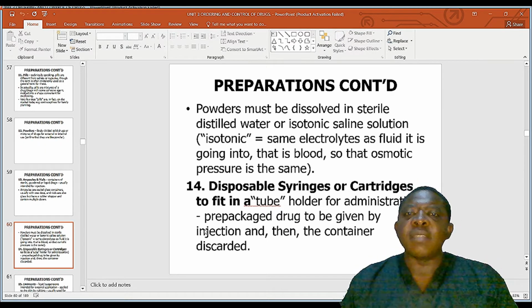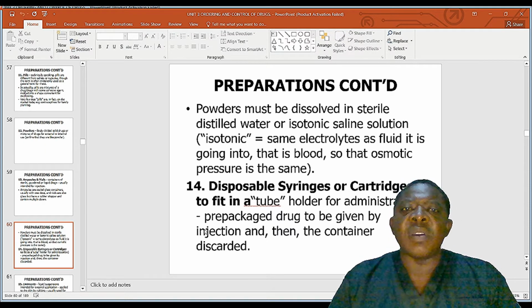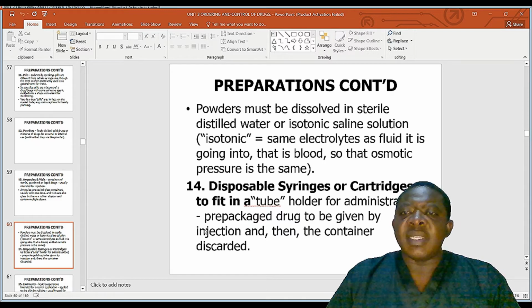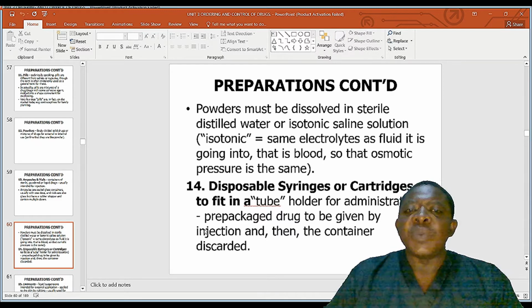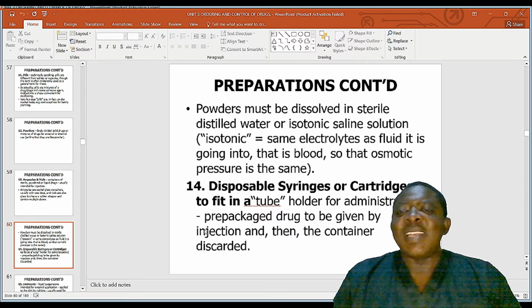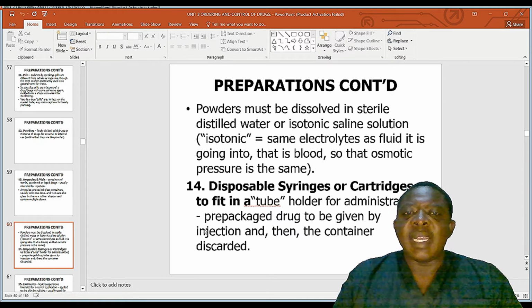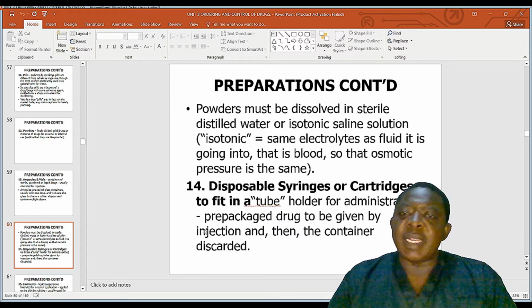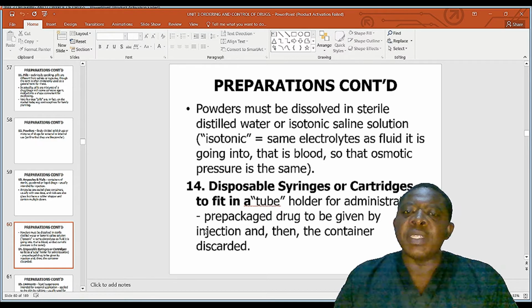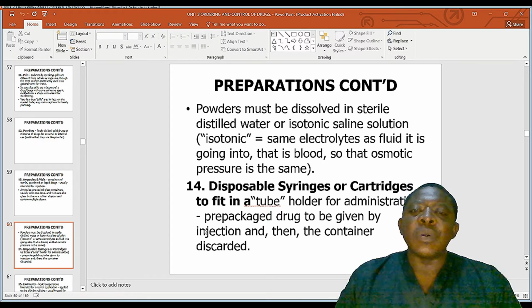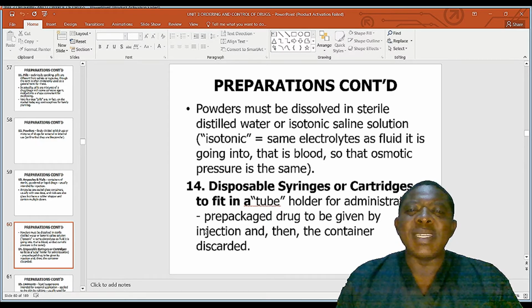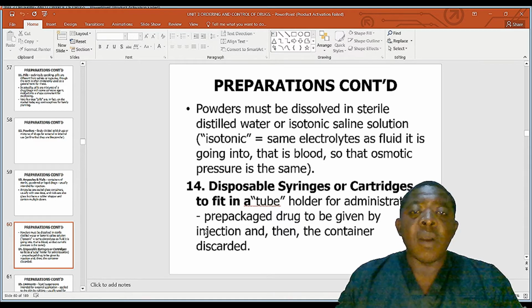So powders must be dissolved in sterile distilled water or isotonic saline solution. When we say isotonic, we are saying the same electrolyte concentration as the fluid it is going into, that is blood, so that the osmotic pressure is the same. So the powder within the vial, we add normal saline so that we can dissolve the drug.